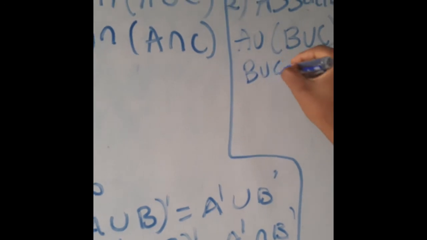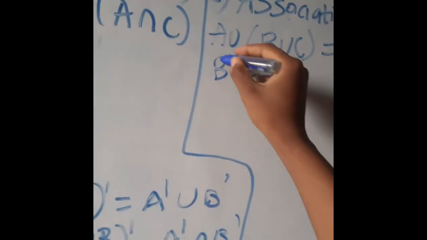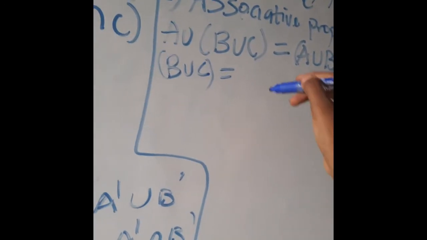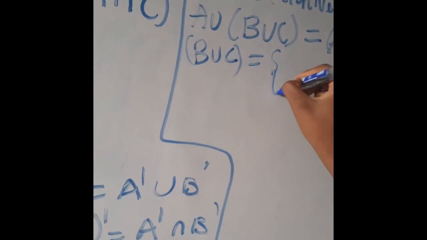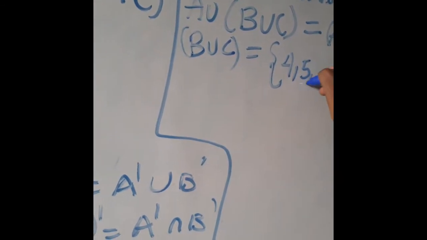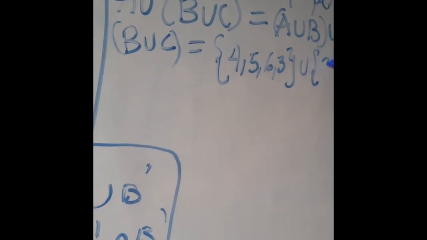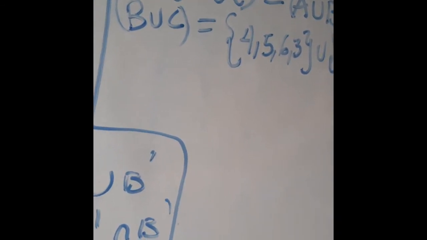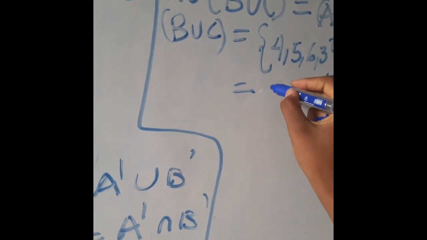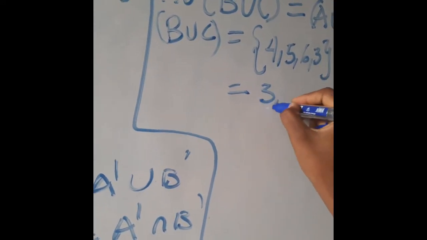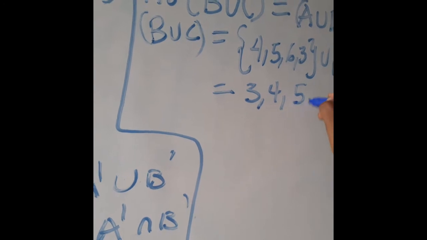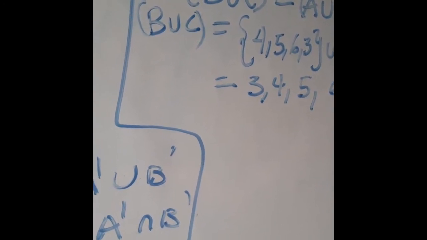First do the one in the bracket, B union C, equals our B, 4, 5, 6, 3, union 3, 5, 7, which equals 3, 4, 5, 6, 7.